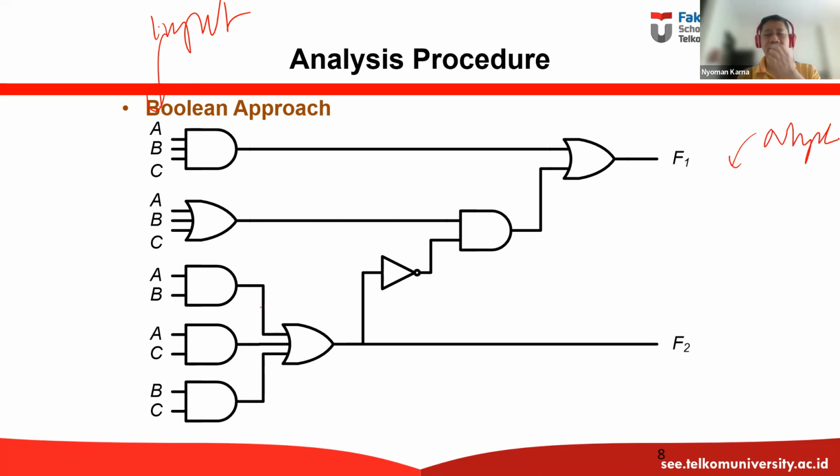Let's start with the first logic gate, which is AND. AND means multiplication, so the output of that AND gate is ABC, A times B times C. And then the second logic gate is an OR gate, which is an addition. So the output of that OR gate is A plus B plus C.